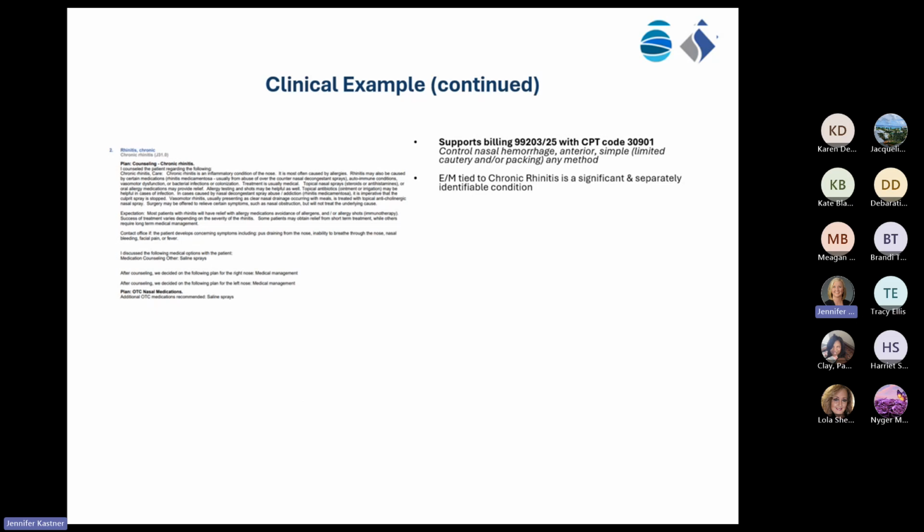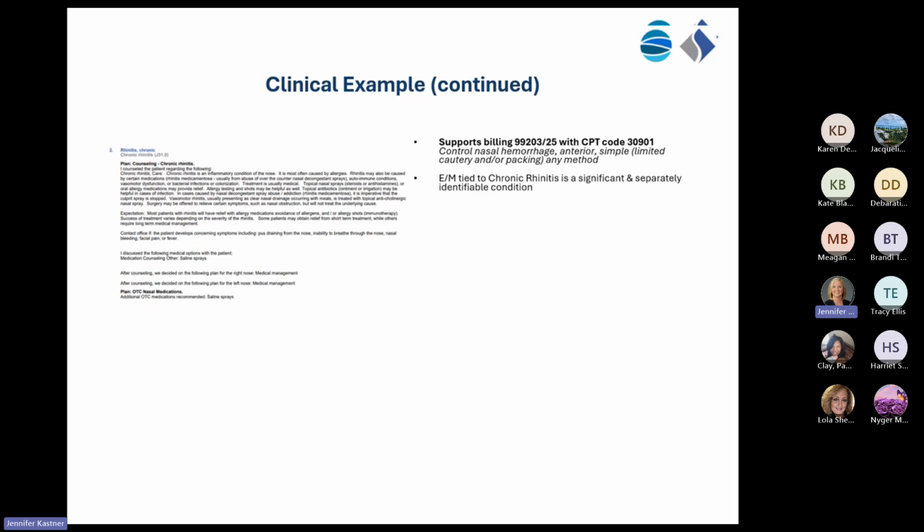They decided to do saline sprays and over-the-counter medication management. So in this case, a 99203 and the procedure for cauterizing the nasal bleed are both supported, because there's additional work here. The allergic rhinitis and the work associated with it is not inclusive to the procedure. It's a totally different condition.